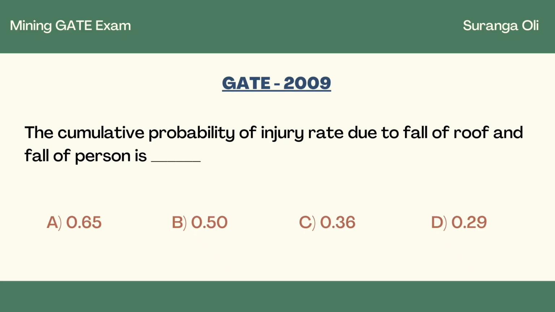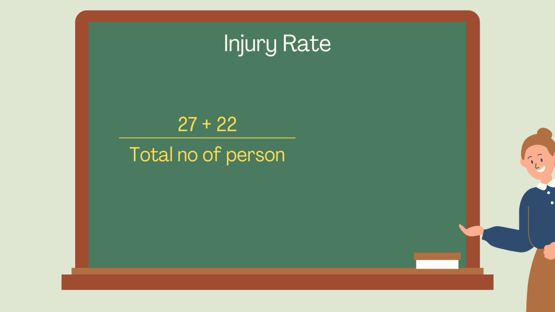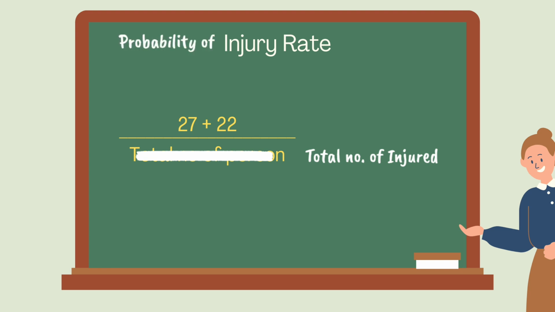But in this question, instead of asking the injury rate, they have asked what is the cumulative probability. That is, when you compare the total injuries, what is the probability that because of fall of roof and fall of person, the person may be injured. So, we have to find the total number of persons injured here instead of total number of persons employed, because the question they have asked is what is the probability, not the injury rate.